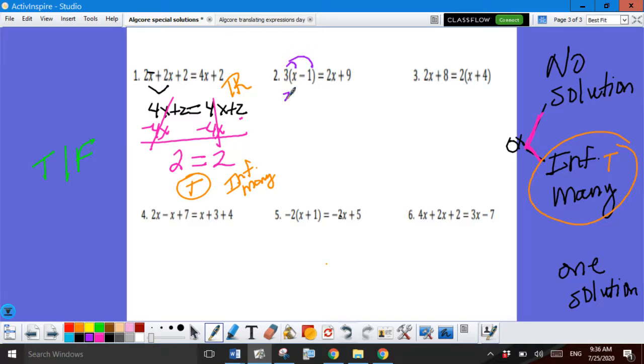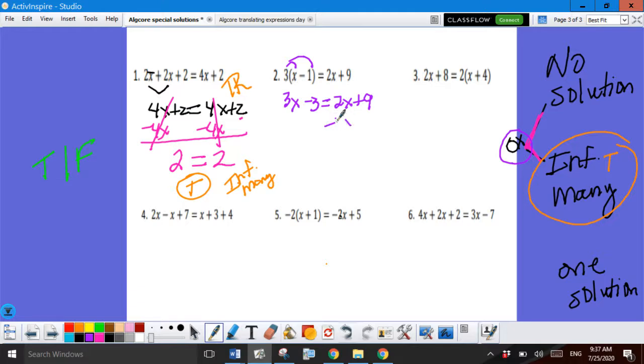So let's distribute: 3x minus 3, 2x plus 9. Now let's think about this: no solution versus infinitely many and one solution. Do you think I'm going to come up with either one of these 2? Am I going to have a 0x? I am not.